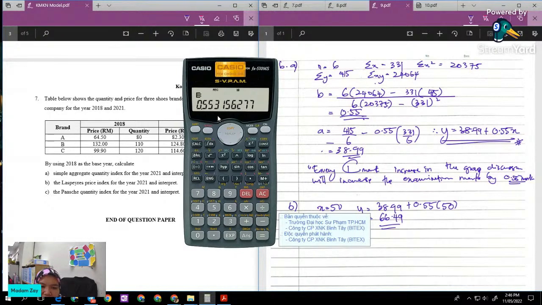So untuk nilai A yang dalam kalkulator tu, dia menggunakan semua nilai ni, bukan yang round off. Tapi dalam exam you kena ambil nilai yang you dah round off ni, 0.55. So bila you ambil 0.55, takkan samalah nilai A kita dengan nilai A yang kat dalam kalkulator ni.